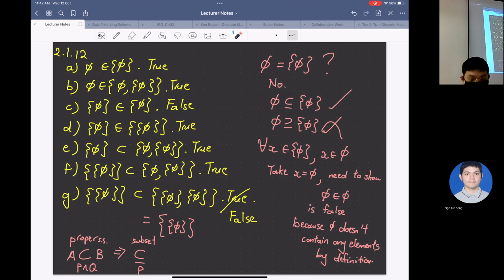So one more time, the concept. For G, the left hand side is a subset of the right hand side, but it's not a proper subset because you can't find an element in the right hand side that's not in the left hand side.